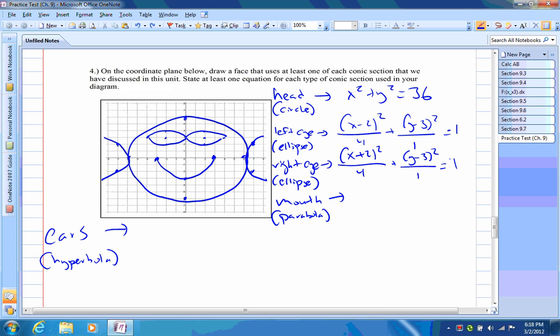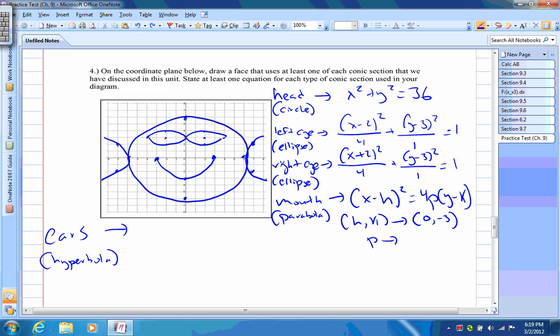Then for the mouth, that's going to be a little bit tricky. So we know we have a parabola, and we know the equation has to be this, because obviously it's a vertical parabola. h comma k, we know is 0, negative 3. That's pretty obvious. The problem is we don't know what p is. We can't make an assumption about it because I didn't really give it to you.